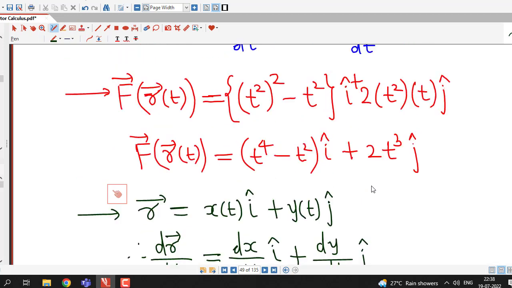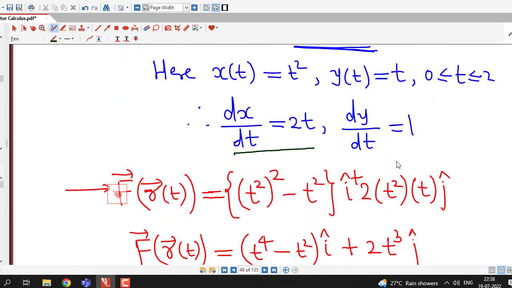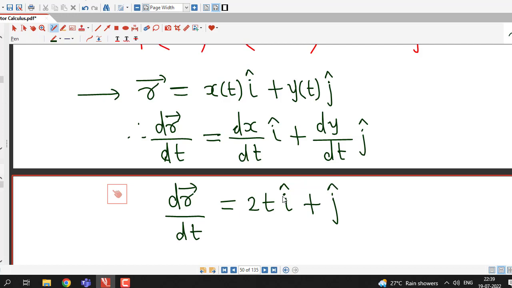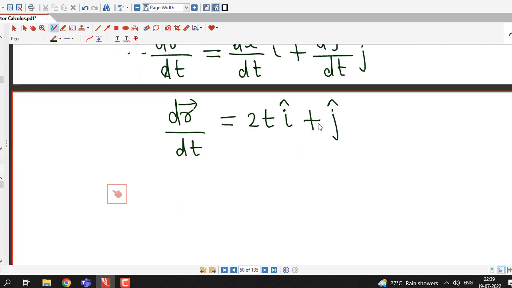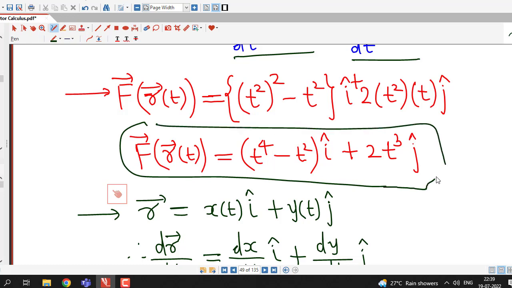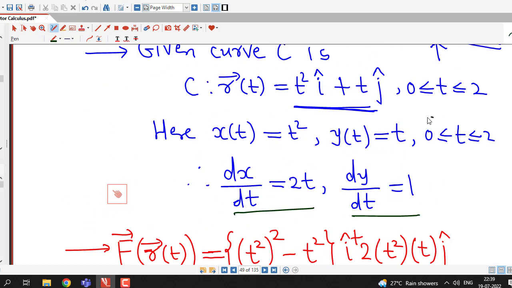We have obtained dx by dt as 2t and dy by dt as 1, so we have 2t times i plus 1 times j. So dr bar by dt is equal to 2t i plus j. Now we have converted f bar in terms of t, dr bar by dt is also obtained, and the range of t is 0 to 2.